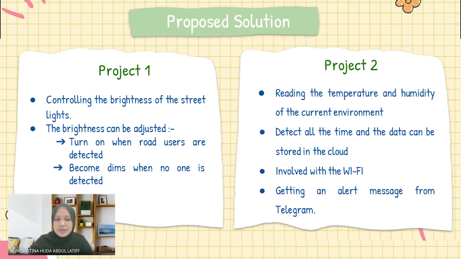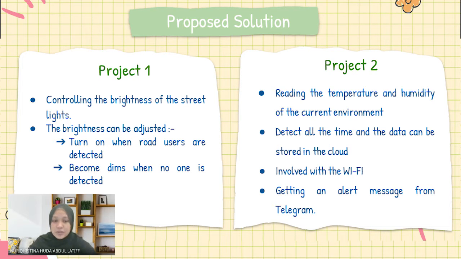Currently, built-in street lights are always on at night, even if no one is passing by. This is a major energy loss that has to be fixed. Therefore, the brightness of the light can be adjusted as they turn on when road users are detected and become dim when no one is there.